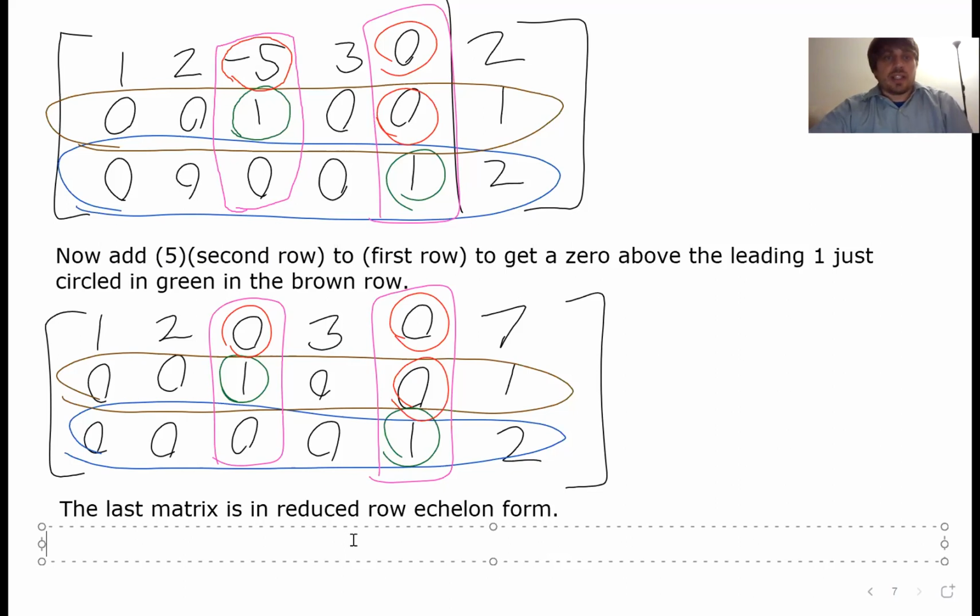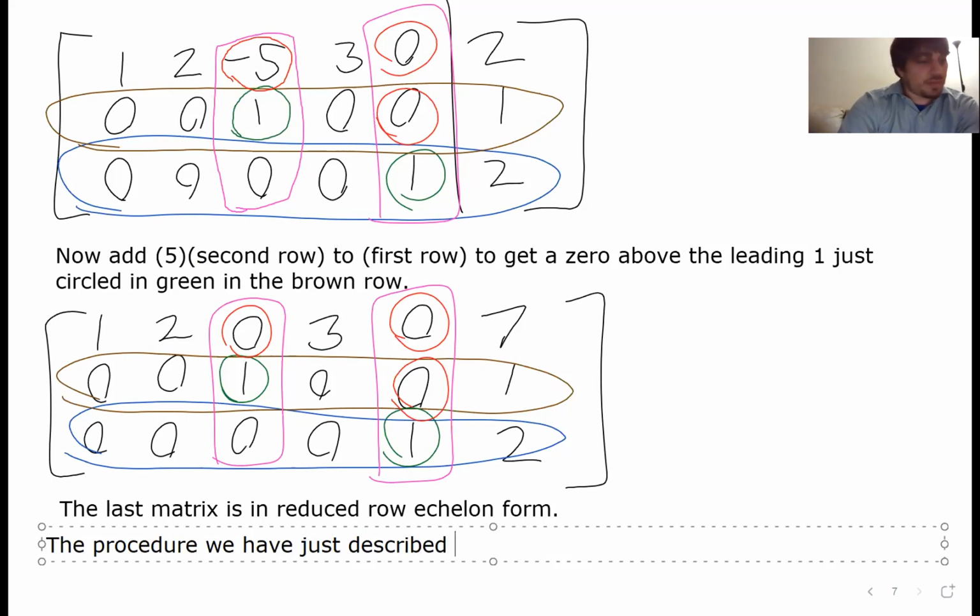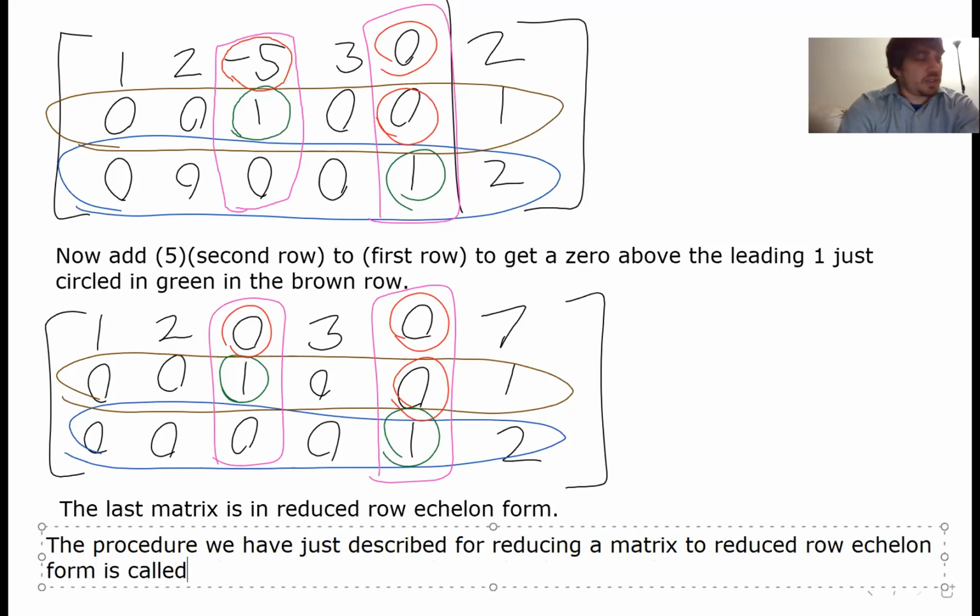On the whiteboard. Okay, so the procedure we have just described for reducing a matrix to reduced row echelon form is called Gauss-Jordan elimination.